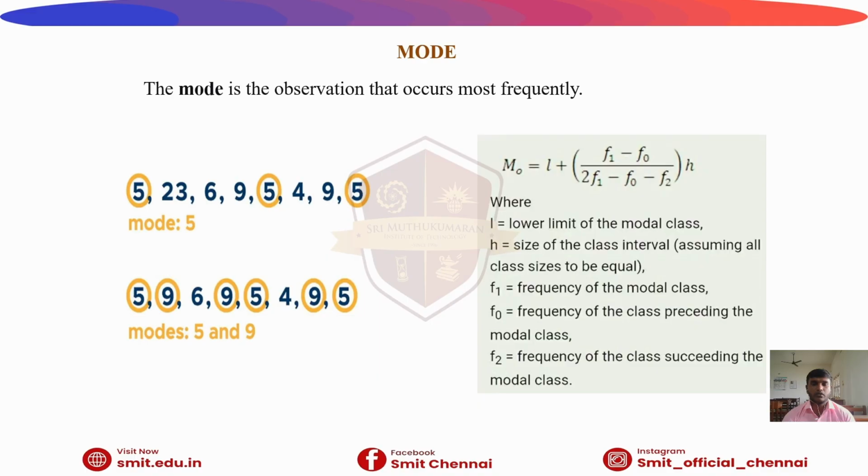For the data set 1, 2, 3, 4, 5, all values occur only once, so there is no mode. For the data set 1, 1, 2, 2, 3, there are two modes, 1 and 2, which is bimodal. The mode is useful for categorical data and for identifying the most common value.